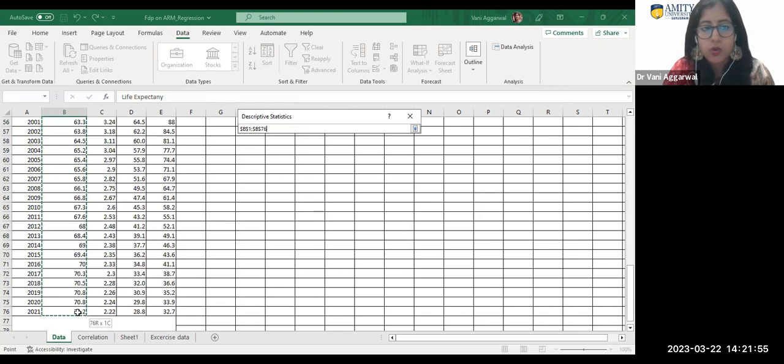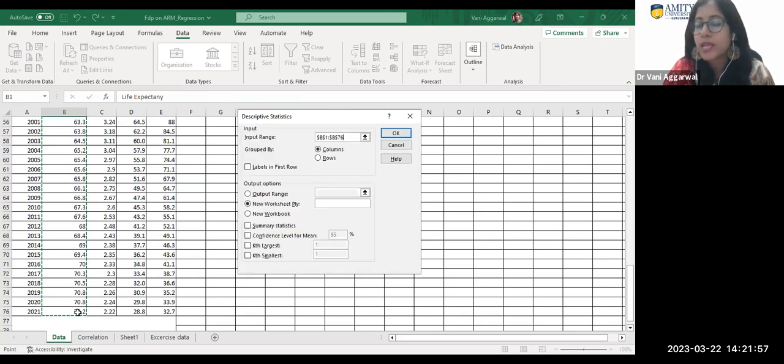I want to know the maximum life expectancy, the minimum, the average, the median, how much skewness and kurtosis there is, and how many counts there are.